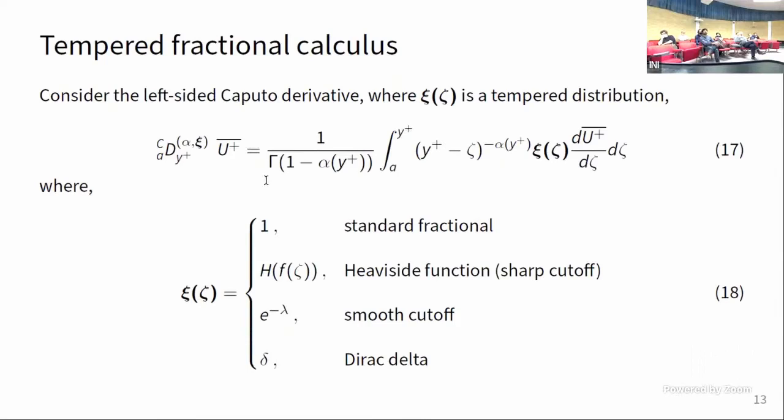So the idea is that what Mark proposed, besides the usual power law kernel, one could also introduce an exponential term, which is the exponential tempering. And I was of the opinion that perhaps this discussion can be extended to any tempering distribution, and for my personal use, what Mark did was use the exponential tempering.